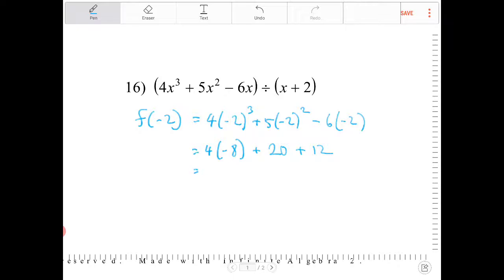And I end up with negative 32 plus 32, and this does indeed equal 0. So therefore, x plus 2 is a factor, because f of negative 2 is equal to 0.